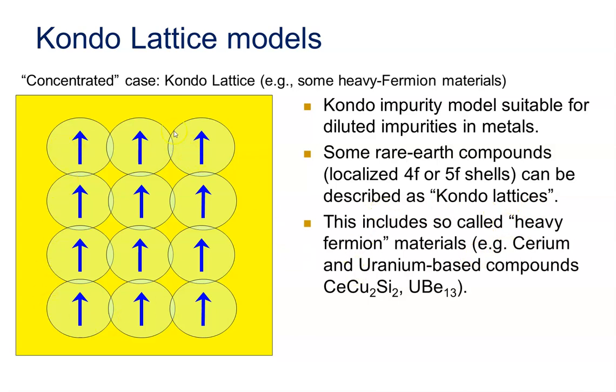And there's rich physics in these materials. There's superconductivity. There's even Kondo-like behavior in the susceptibility, the specific heat and so on. I'm just citing this because this is an important class of materials, but it's not related to the dilute limit that we're looking at.